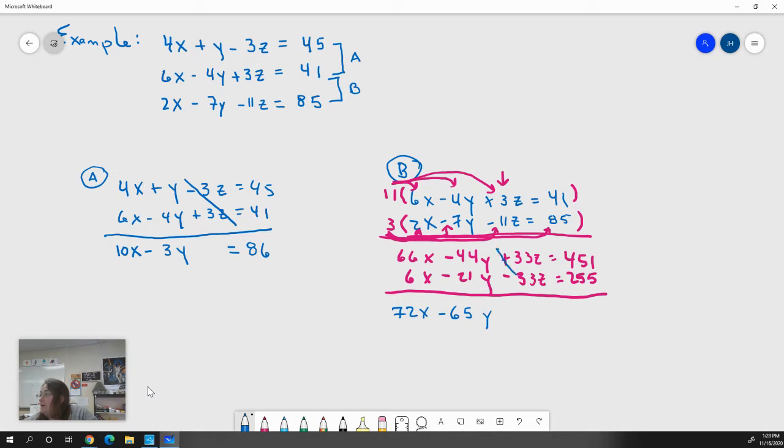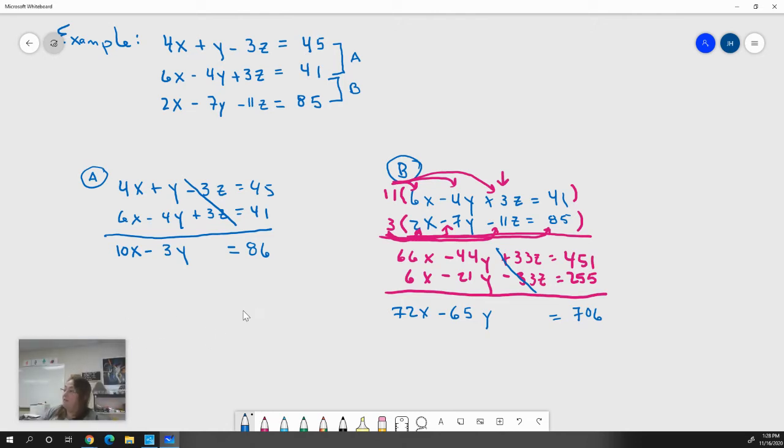These drop out, right? 33z minus 33z is just 0. So we have no z. And then I've got 451 plus 255 is going to give me 706.